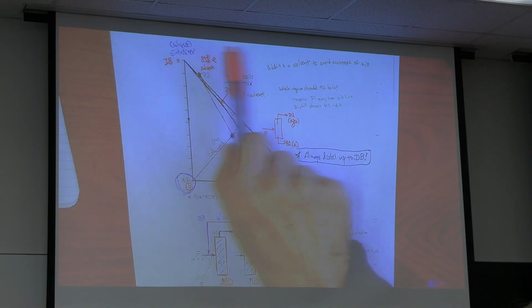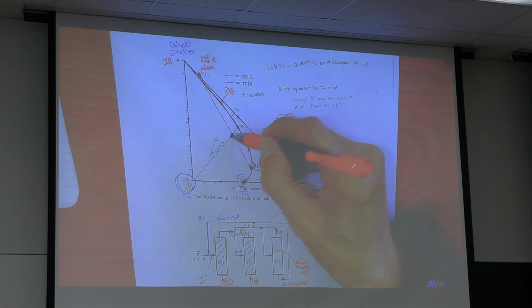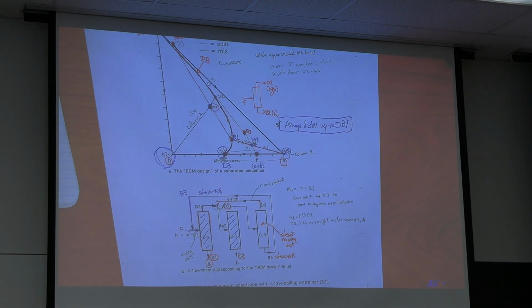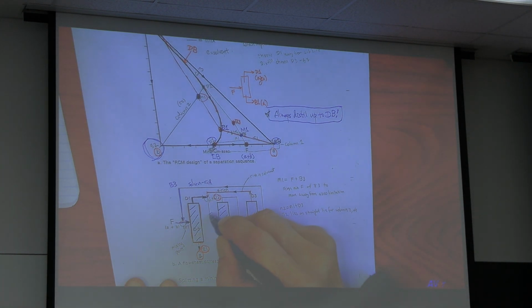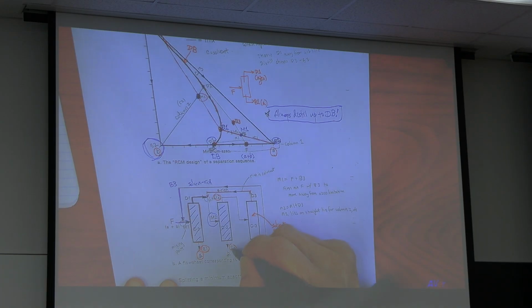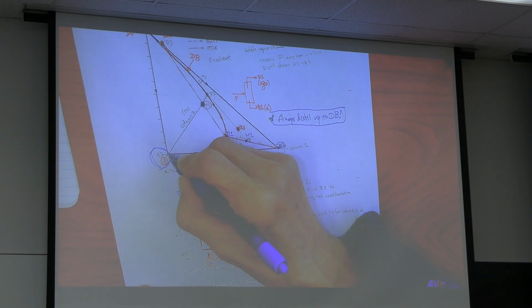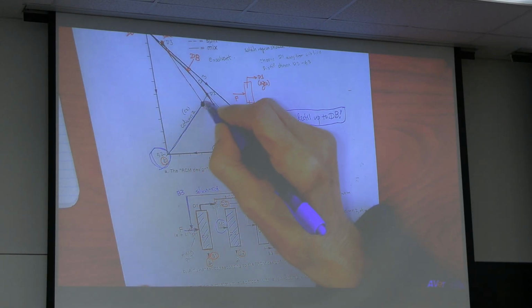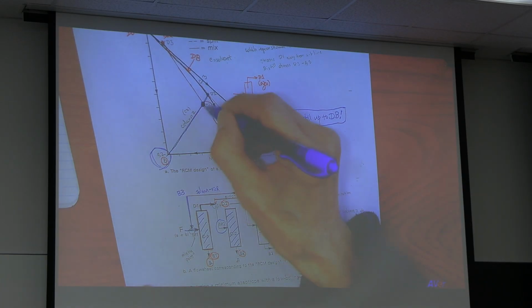On this side, creating a new mixing point. That is a wonderful feed for this column. So we got B2. For this column, this is B2, that's D2. D2. This is the column.